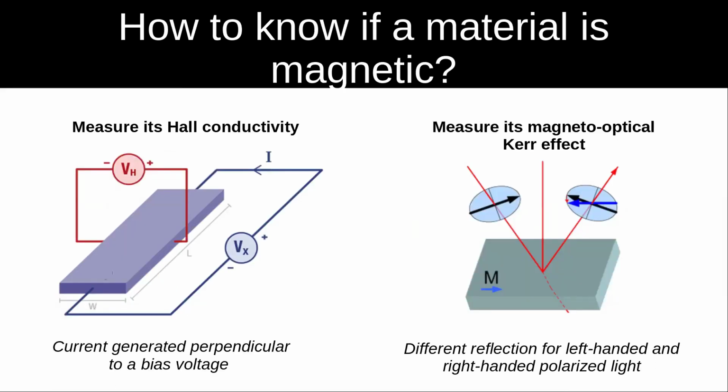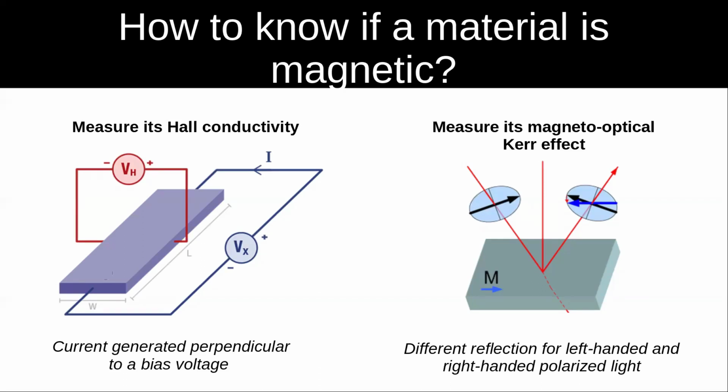Now, how do we know if a certain symmetry is broken? How do we know if a material breaks time reversal symmetry, for example? Well, of course, we cannot just switch the direction of time, right? Time reversal symmetry is not a switch in our lab. We cannot just make time go in the opposite direction.